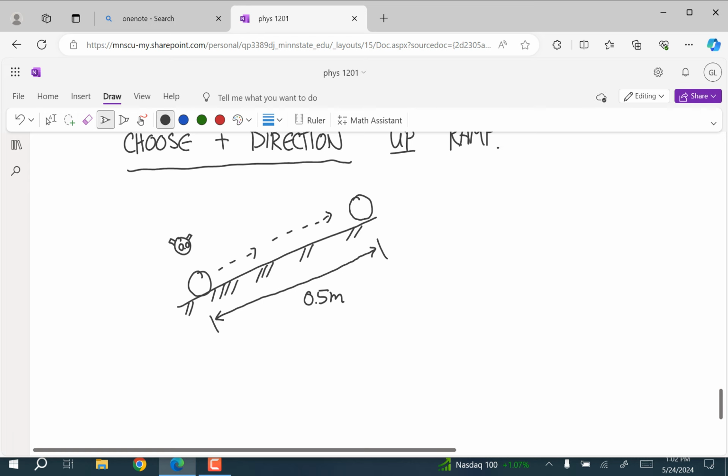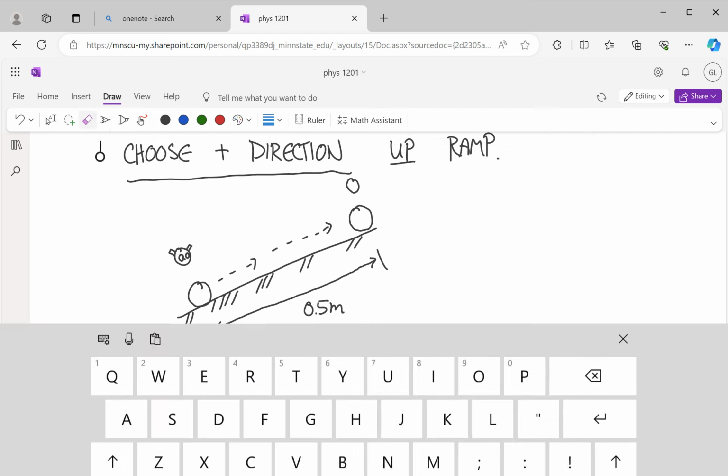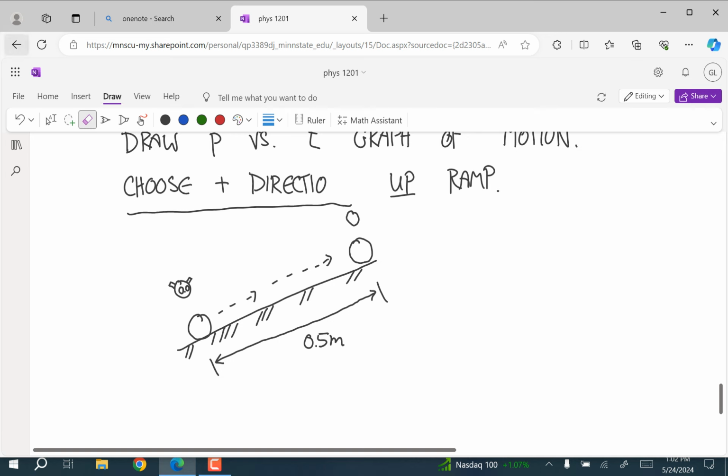And then we get up here, and if you look at the stopwatch, I guess I'll draw the stopwatch down here, the stopwatch would say 0.6 seconds when it gets to the top.